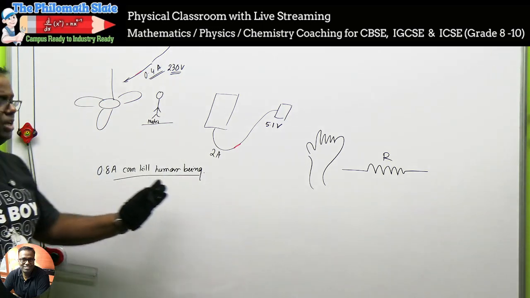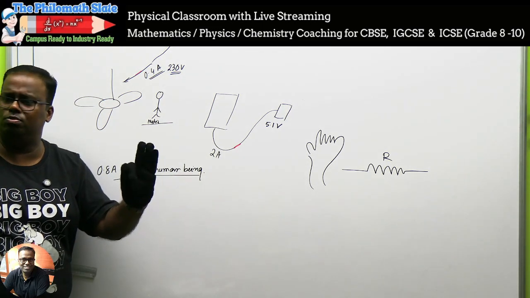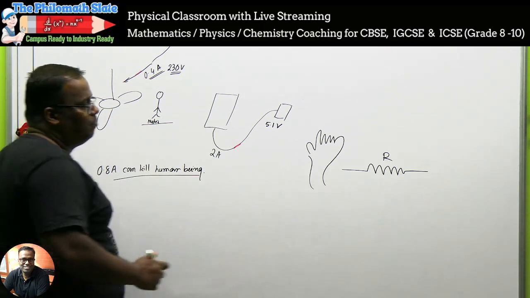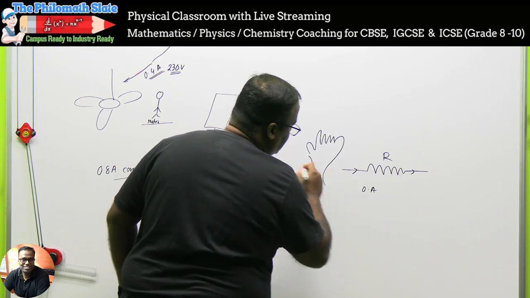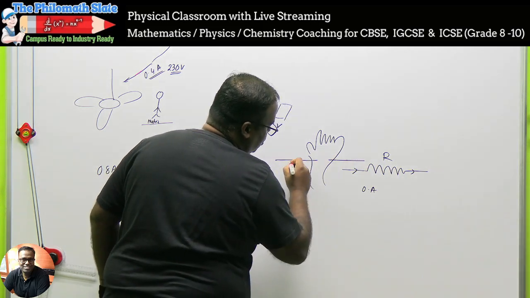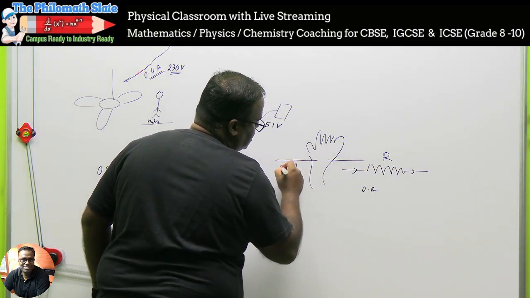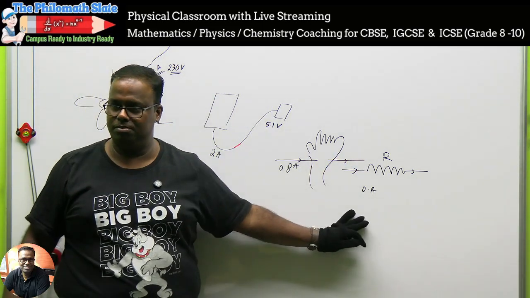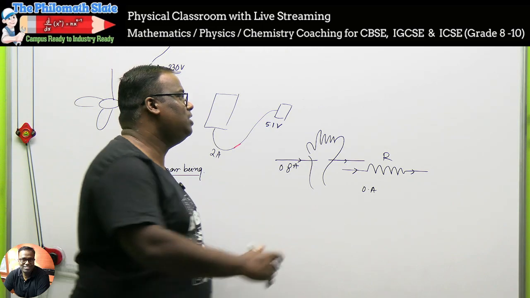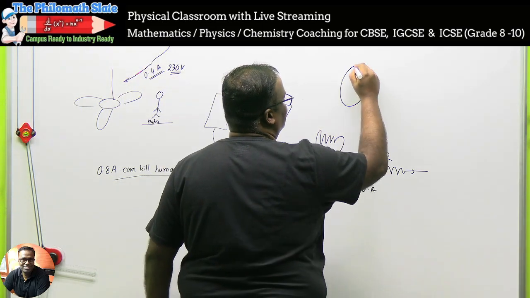I have said 0.8 ampere will kill you, no doubt about that. That means when 0.8 ampere passes through the human being's hand, it is sufficient to cause fatal results. You are again not applying the knowledge of resistance.